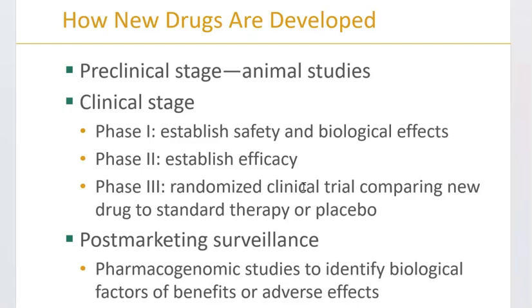If the drug then still looks promising, it'll continue to progress to phase 3 clinical trials, and they compare the new drug to a standard therapy in a larger number of patients studied in populations across the country. So their randomized clinical trials will compare the new drug to a standard therapy or a placebo.